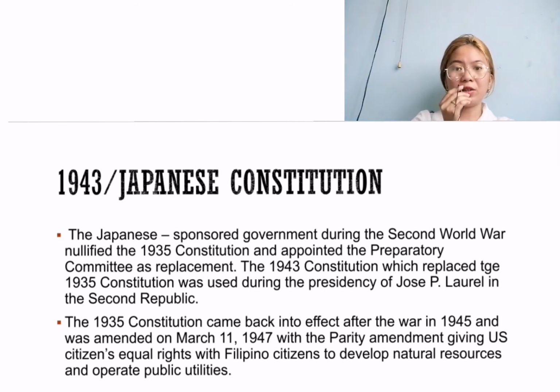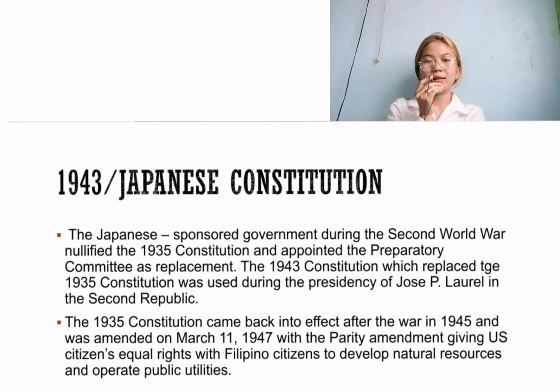But the Philippines refused the option given by Japan. By that, the Philippines chose to make a Republic of the Philippines instead of a dictatorial type of government.